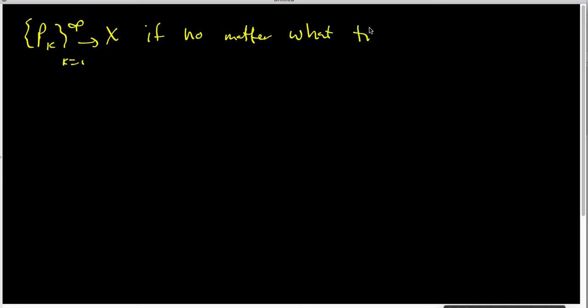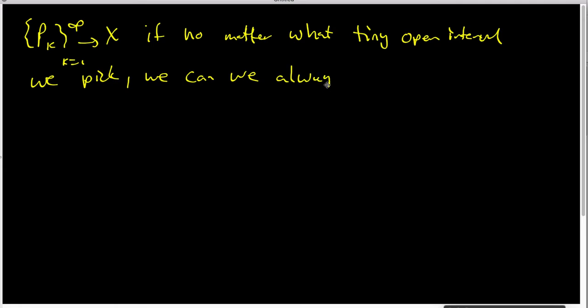So what our definition is really saying is that the sequence of the Pks will converge to X if no matter what teeny tiny open interval we pick, we can always find a tail that is a subset of our tiny little open interval.